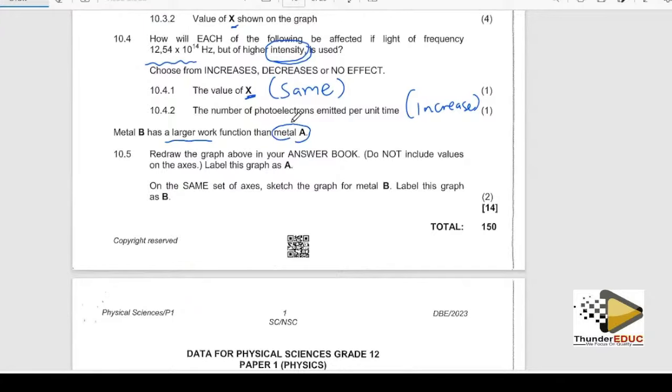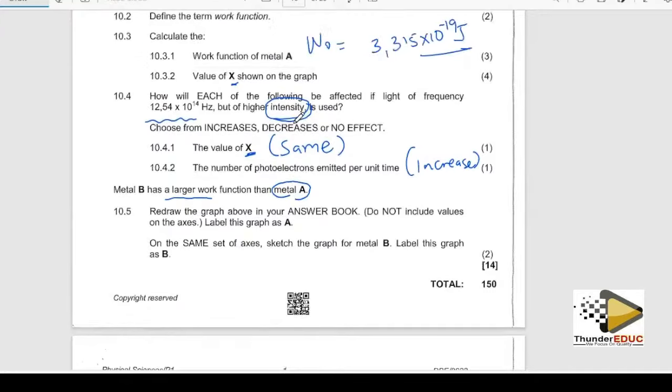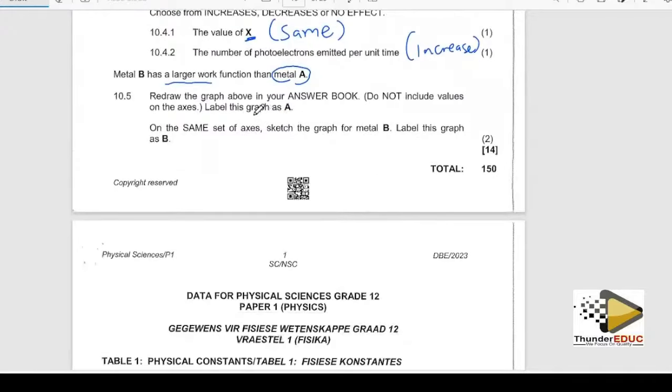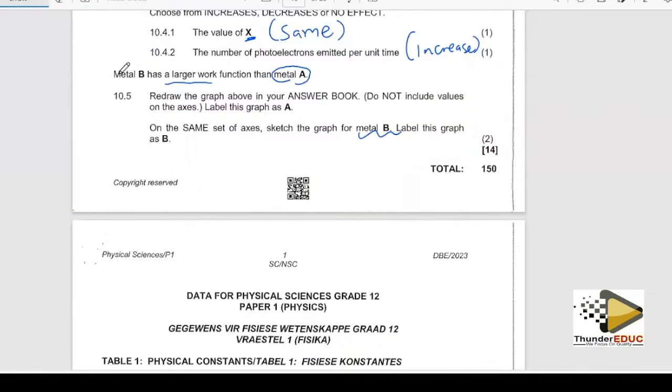Then they are telling us that metal B has a larger work function than metal A. Can you redraw the graph above in your answer book, not including values, and on the same set of axes sketch the graph of B and label it? So one thing that we discussed before, we said work function is directly proportional to the frequency.